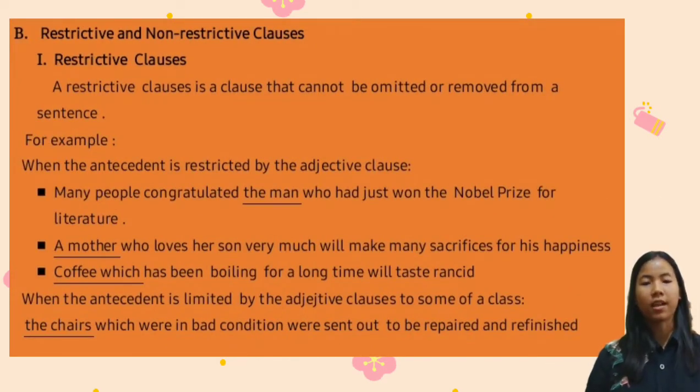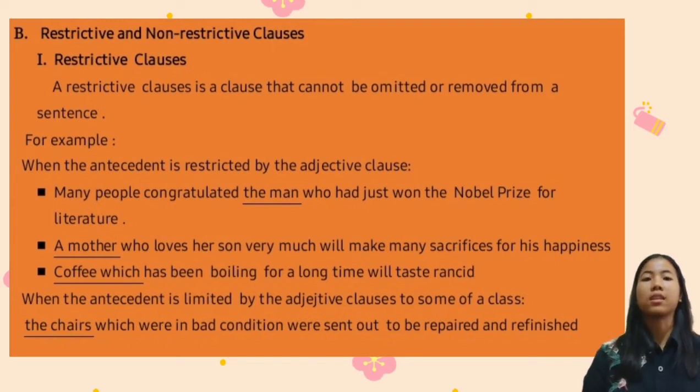Okay friends, I will explain our material about restrictive clauses. Before that, I will introduce myself: my name is Hermin Gia. A restrictive clause is a clause that cannot be omitted or removed from a sentence.